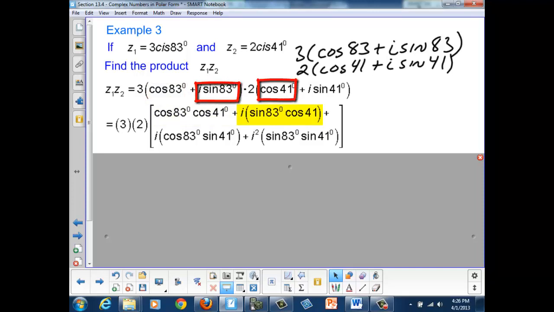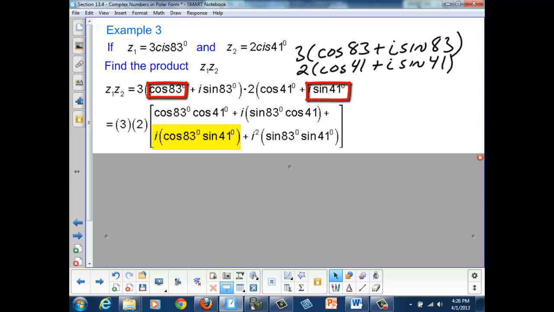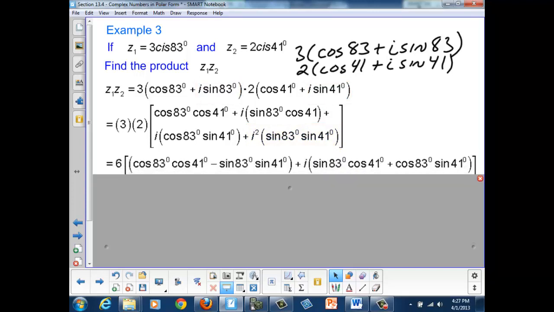So that's the inner values there, plus the i cosine 83 sine 41, and that's the outer two. And finally, when I multiply the last, I get i squared sine 83 sine 41. But let's remember that i squared is actually negative 1. So what that turns out to be is cosine of 83 times cosine of 41 minus sine of 83 sine 41, plus the two i terms added together: sine 83 cosine 41 plus cosine 83 sine 41.